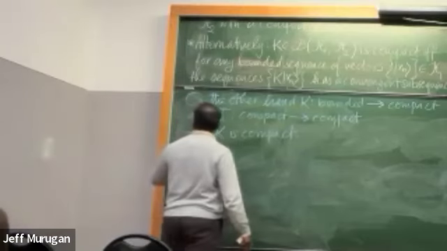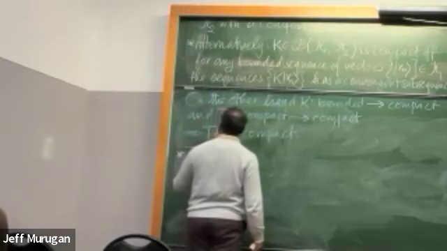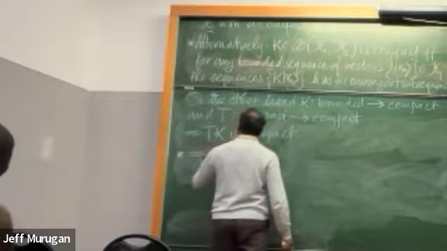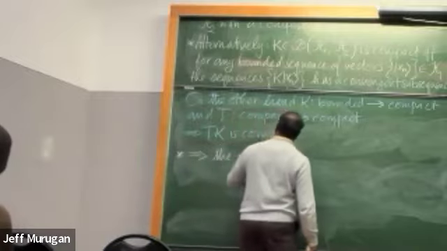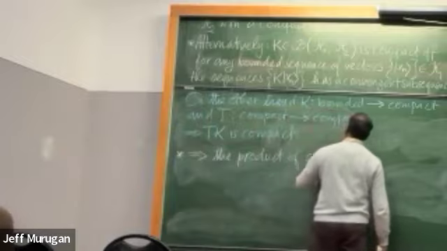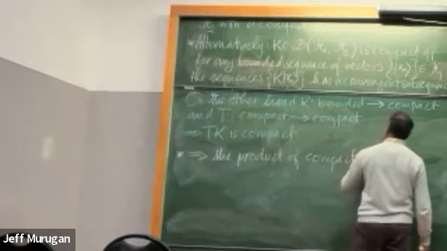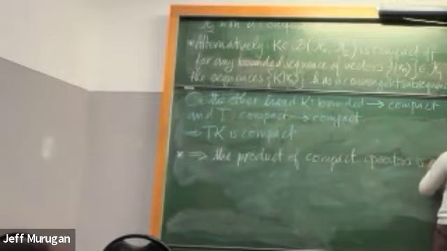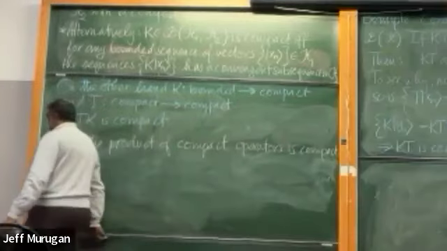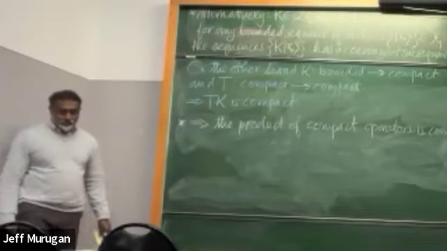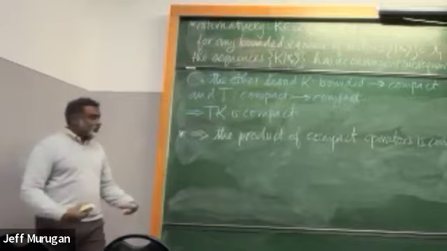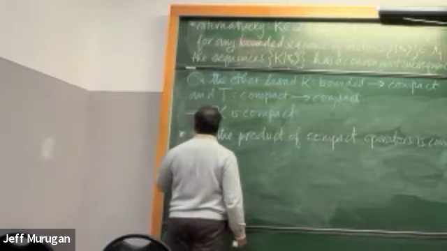And so it follows that the product of compact operators is then also compact. So this is super useful. And one illustration of why this is useful, in particular, is the following example.